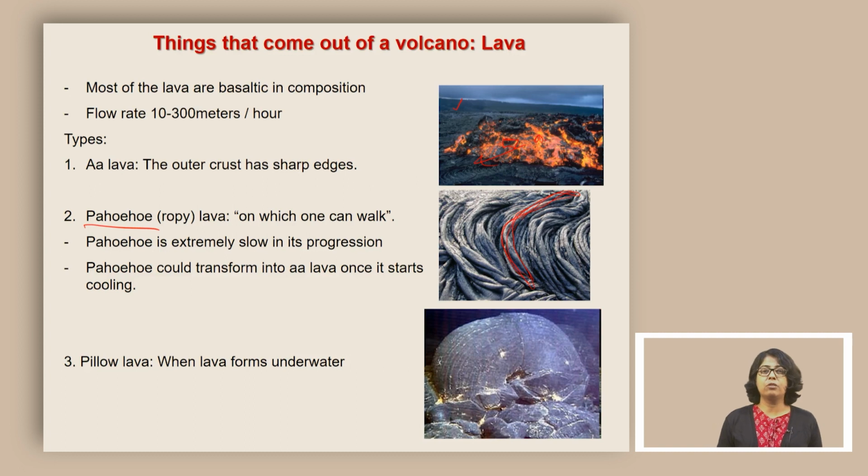So, one can actually escape the lava flow. And these kinds of lava flows can go back and forth depending on how much temperature a lava flow is encountering. So, increasing temperature can change one lava flow to the other.